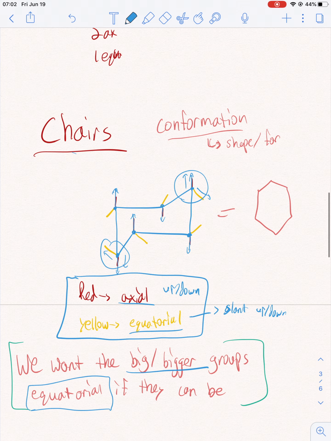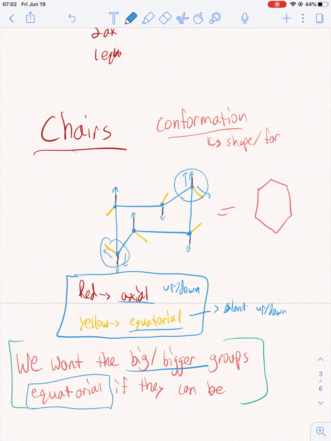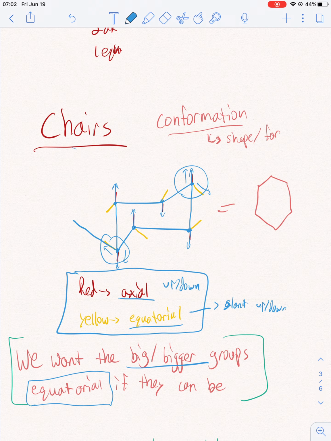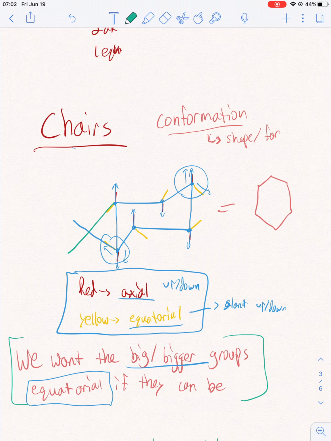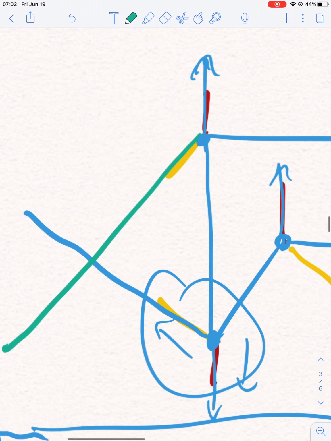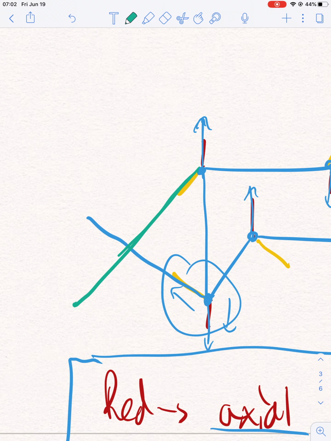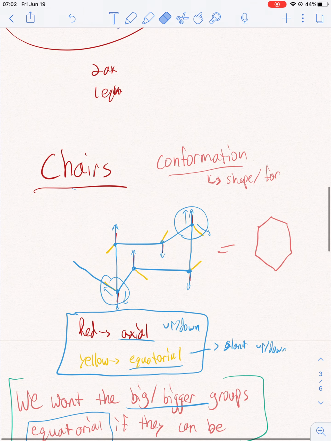So when we're comparing stability, we want those big groups equatorial, because in reality, when they're equatorial, and it's hard to show this because I'm not physically here, but imagine this green line is over on top of this blue line. So these groups here, whatever's on them, they're not interacting with anything. So that's why we want equatorial, because in reality, it's just more stable.